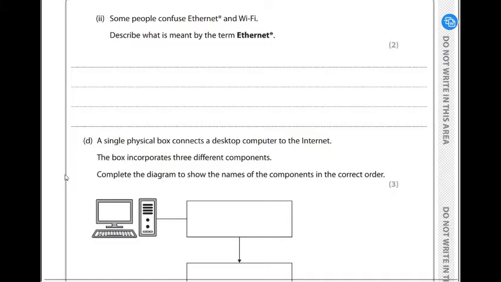Or you could say Ethernet is a protocol that defines how packets are checked for errors. Or you could say Ethernet is a protocol that operates at the link layer of the TCP/IP stack. But if I was doing it, I would say Ethernet is a protocol used on a wired network and just leave it at that, because saying something as simple as that would still get you marks.